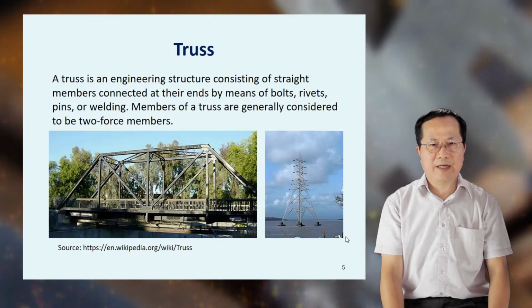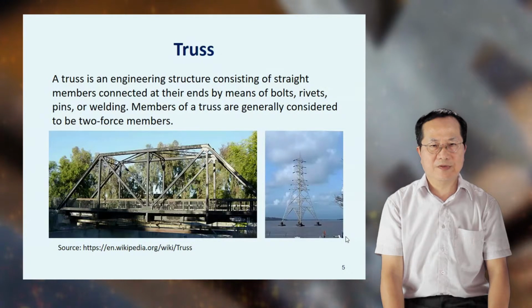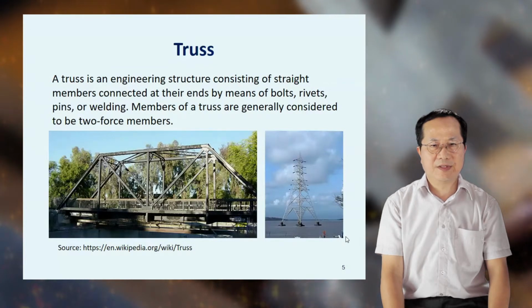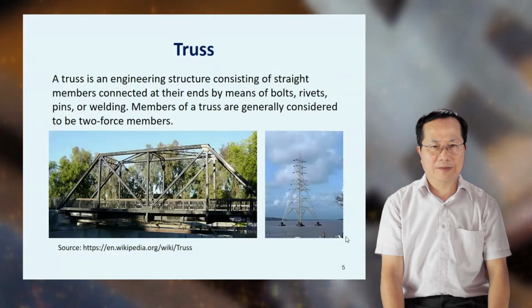A truss is an engineered structure consisting of straight members connected at their ends by means of bolts, rivets, pins, or welding. The members found in trusses may consist of steel or aluminum tubes, wooden struts, metal bars, angles, and channels.